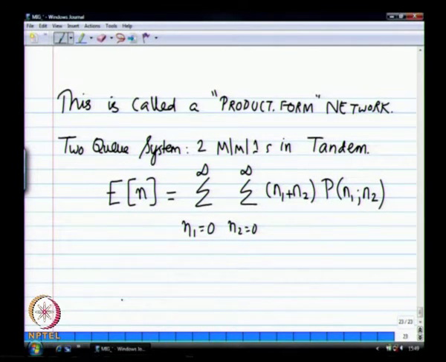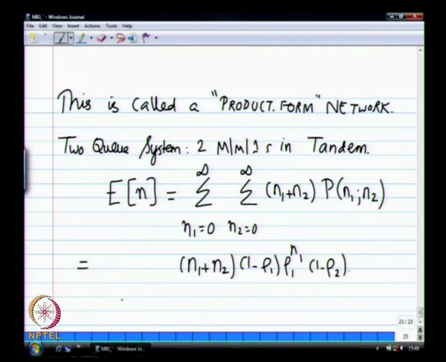So this is simply the sum of n1 plus n2 times p of n1, n2. And now I know that this is a product form solution, therefore I can replace that with 1 minus rho 1, rho 1 to the n1, times 1 minus rho 2, rho 2 to the n2.